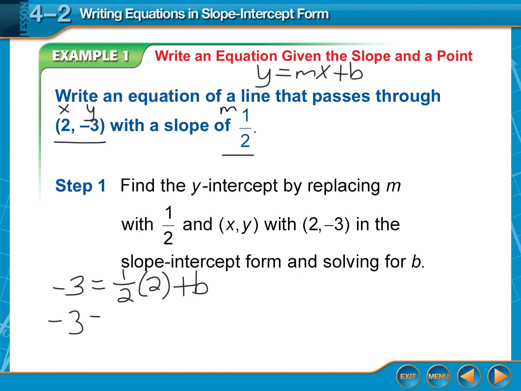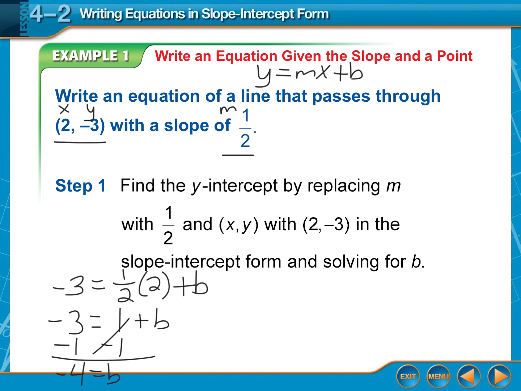We have -3 equals, what's 1/2 times 2? 1 plus b. And then our last step would be to, how do we get b by itself? Subtract 1. So we get -4 equals b, yeah? -4 equals b.